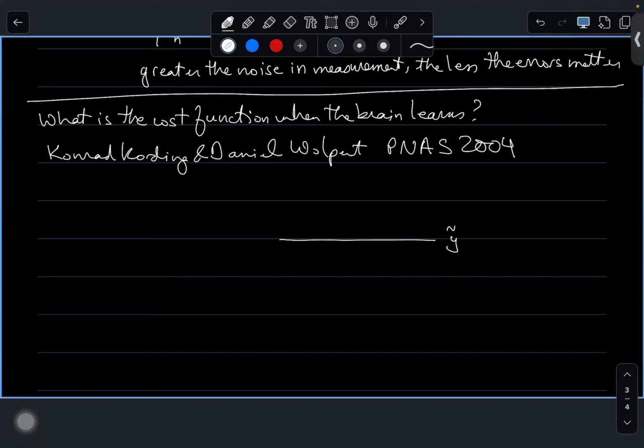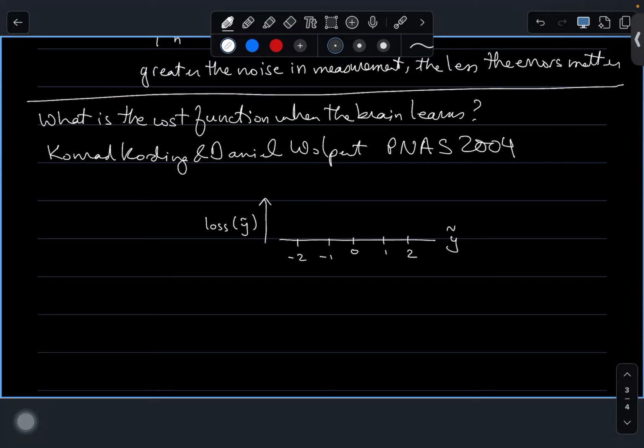Well, here's 0, here's 1, here's 2. So these are the errors that I'm going to have. And on the y-axis, the x-axis is my errors, the y-axis is loss associated with that error. So I'm going to plot here loss of error. How much does it cost me if I have a certain error?